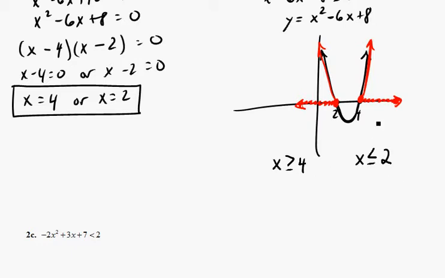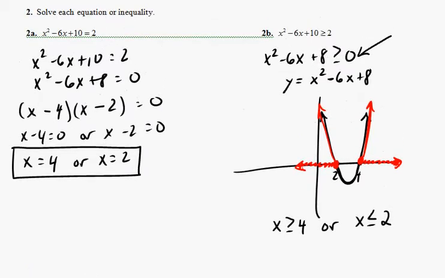And our values of x have to be one or the other, but not both. So we need to combine these two inequalities with the word or, because any value of x that is either greater than or equal to 4 or less than or equal to 2 will solve this inequality. And this inequality is equivalent to the inequality we want to solve. So these will be our solutions to our inequality.